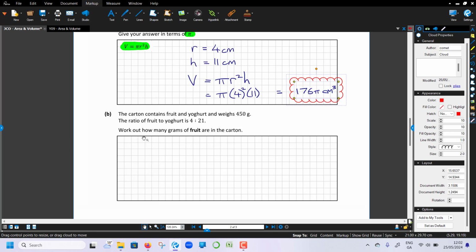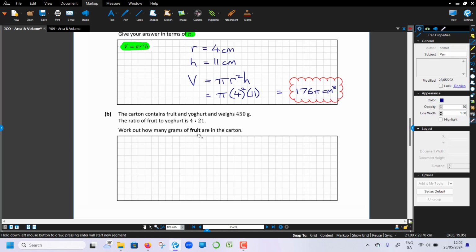The carton contains fruit and yogurt and weighs 450 grams. The ratio of fruit to yogurt is 4 to 21. Work out how many grams of fruit are in the carton. So fruit to yogurt, 4 to 21.